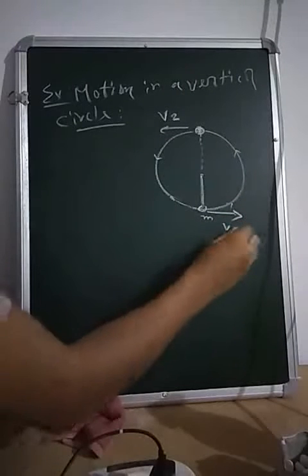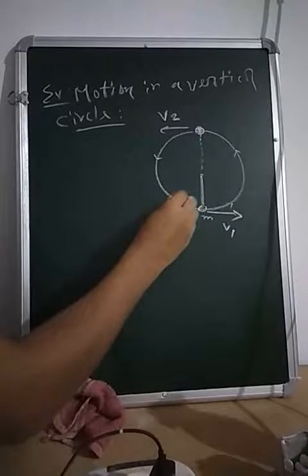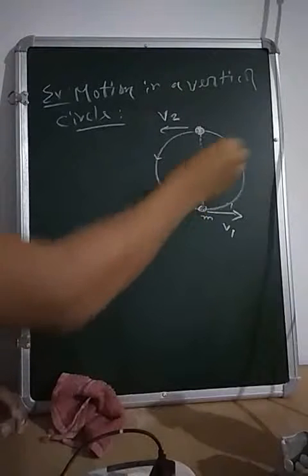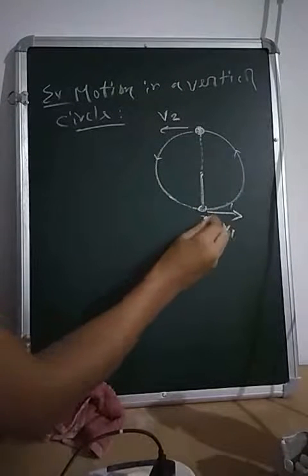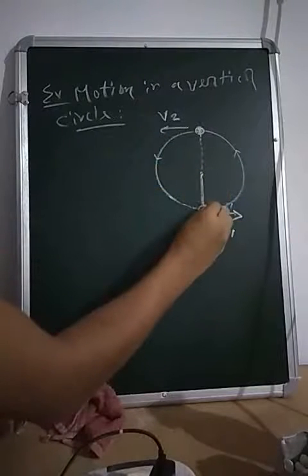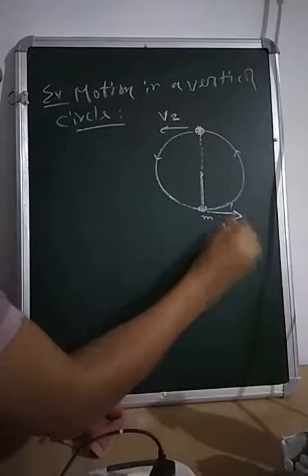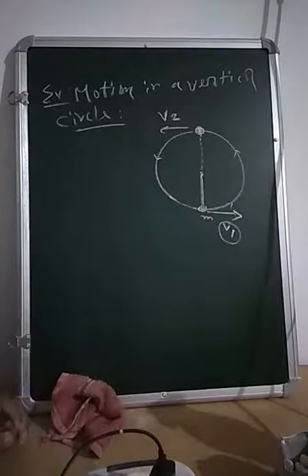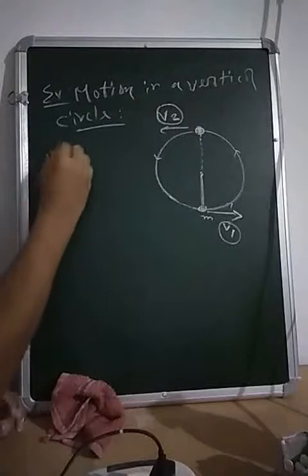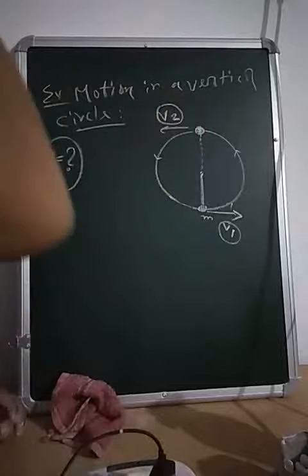Okay, v1 is the velocity of mass m which is rotating in a vertical circle, and the velocity of this mass at the lowest point is v1, and suppose the highest point velocity is v2. We have to calculate what is the velocity at the highest point. What is v2? We have to calculate.